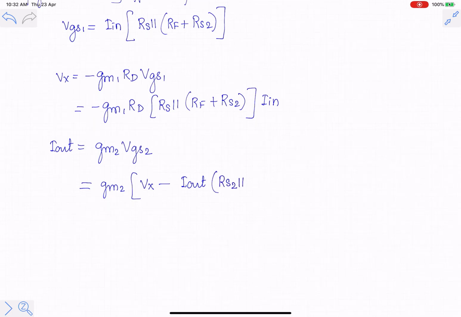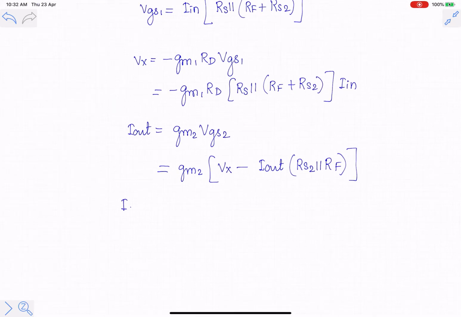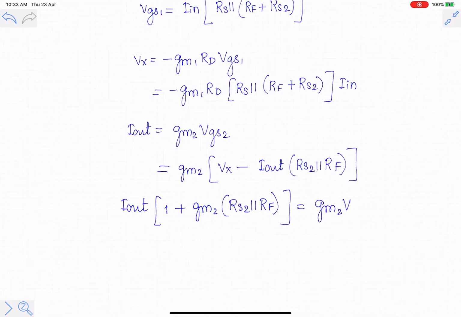So I can write it as IOUT times 1 plus GM2 times RS2 parallel RF is equal to GM2 into Vx.